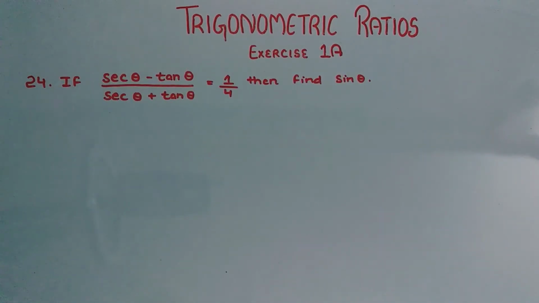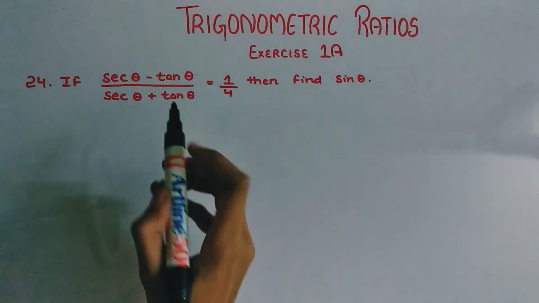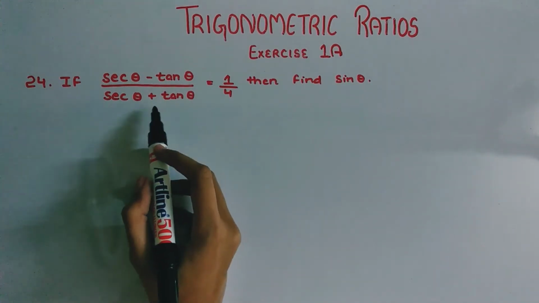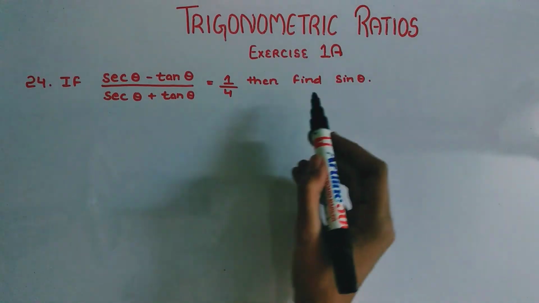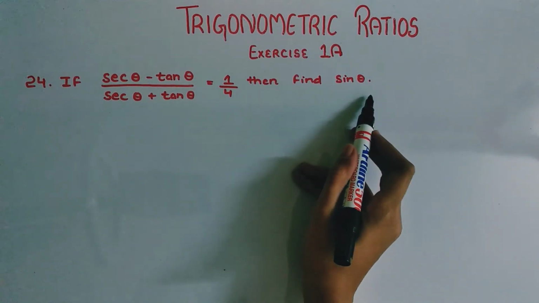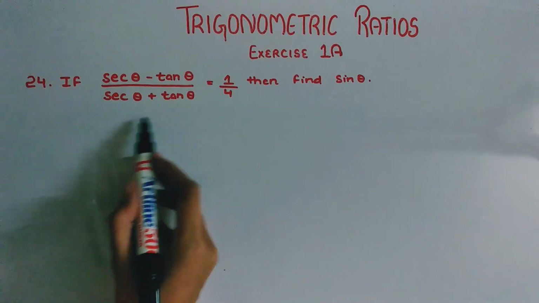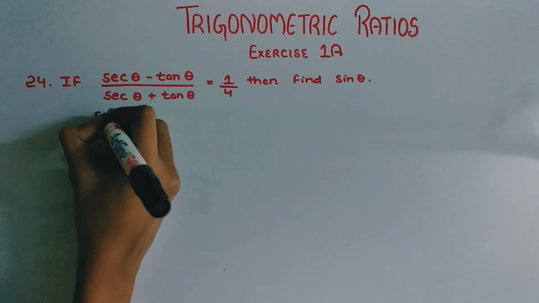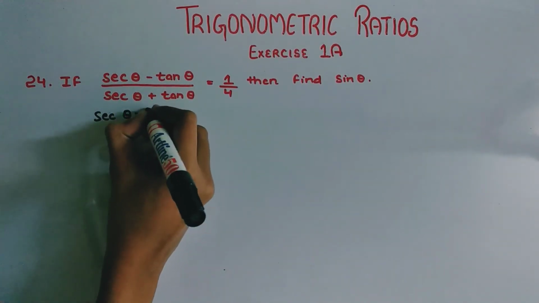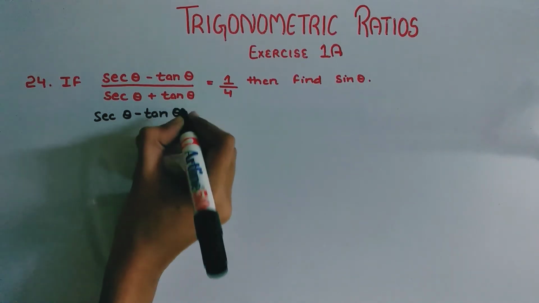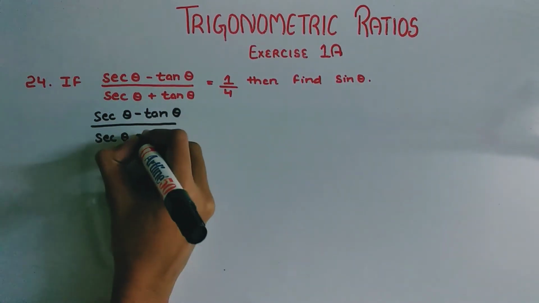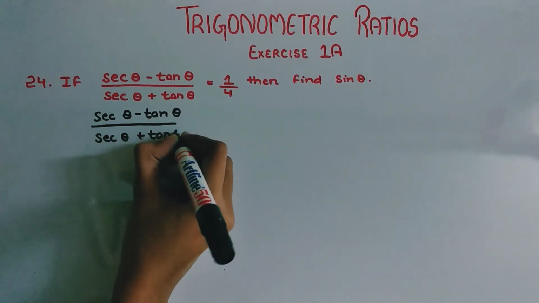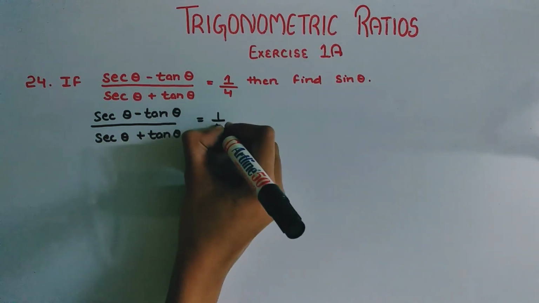Our next question is, if (secant theta minus tan theta) divided by (secant theta plus tan theta) is equal to 1 by 4, then we need to find the value of sin theta. First of all, we have this equation, that is secant theta minus tan theta divided by secant theta plus tan theta, equal to 1 divided by 4.